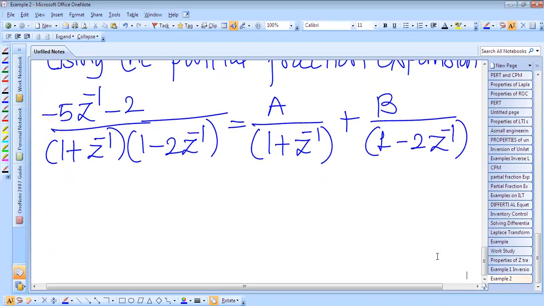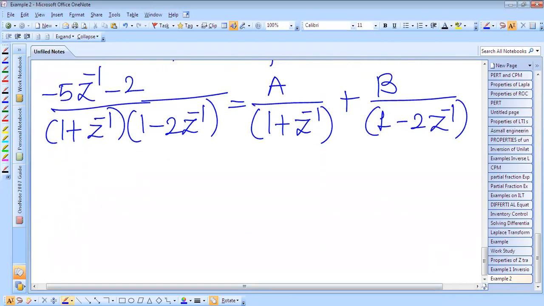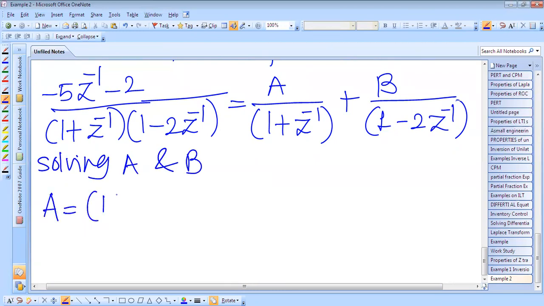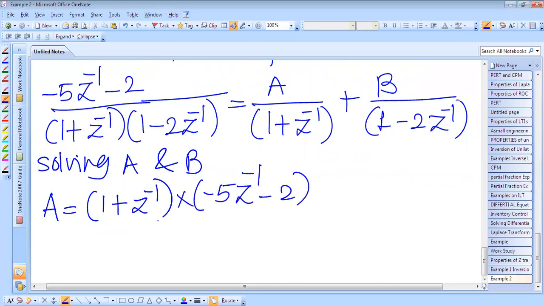Okay, solving a and b. A is 1 plus z raised to power minus 1 into minus 5 z raised to power minus 1 minus 2 divided by the whole factor.